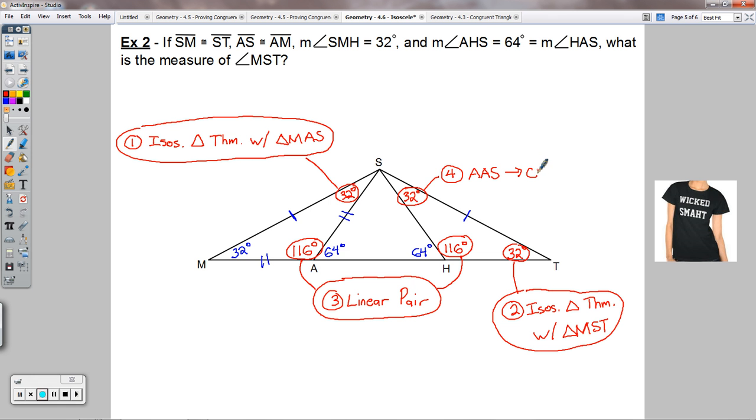That implies that corresponding parts of congruent triangles are congruent, CPCTC, and that goes along with triangle MAS, and triangle in the same corresponding order, MAS would match up with THS.